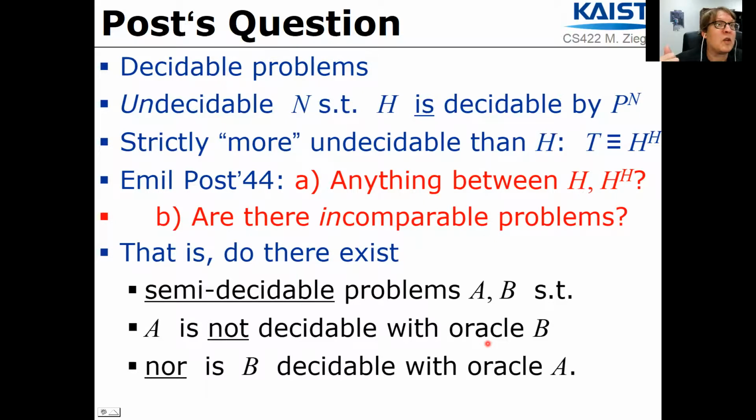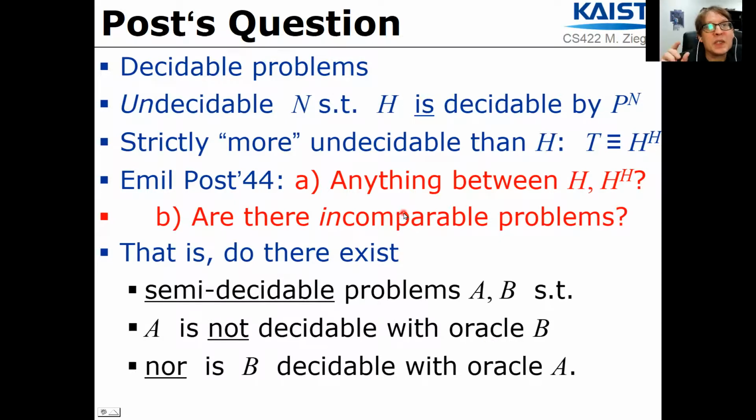That's what makes a total order, or not? That's a very natural question to ask about the structure of computability and uncomputability to anyone who has learned about partial orders, like you have in discrete mathematics. Is a partial order actually a total order, a linear order or not? And that's Emil Post's second question.